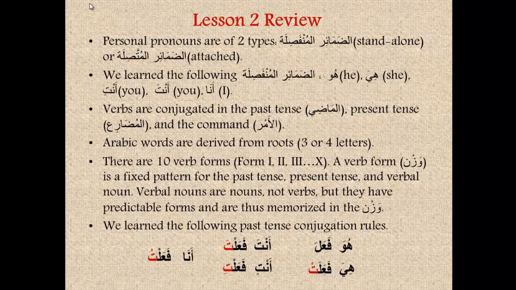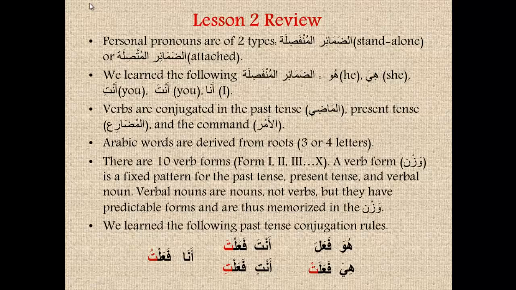We learned that verbs are conjugated in the past tense al-madi, the present tense al-mudari', and the command al-amr. Arabic words are derived from roots, 3 or 4 letters, and these roots serve as the basic building blocks from which other words can be formed.